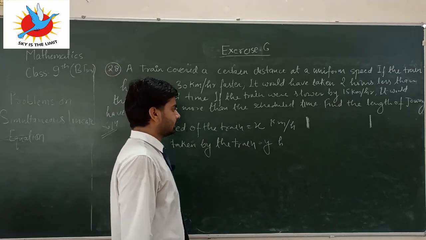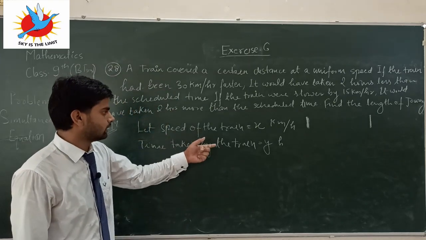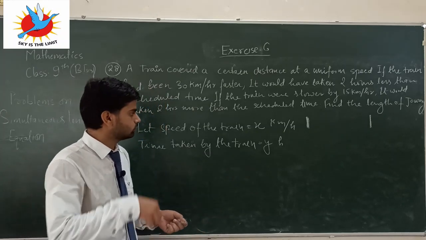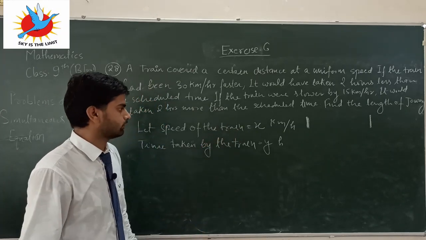So what will be the distance if the speed is x and the time taken is y? What will be the distance between the two stations that this train is covering?